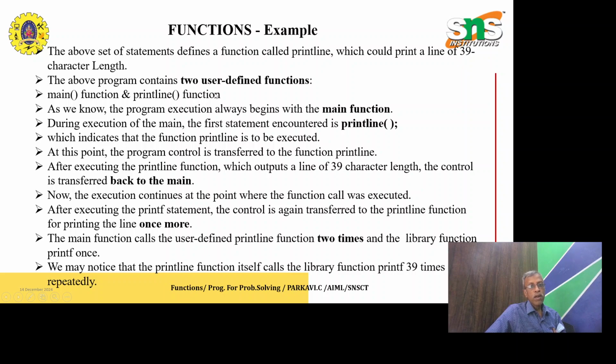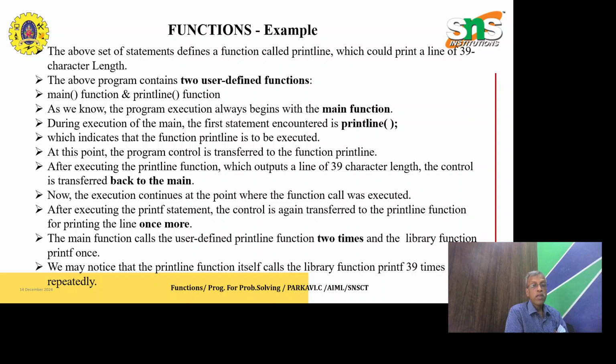The above program contains two user-defined functions, the main function and the printline function. As we know, program execution always begins with the main function in the C programming language. During the execution of main, the first statement encountered is printline, which indicates that the function printline is to be executed.